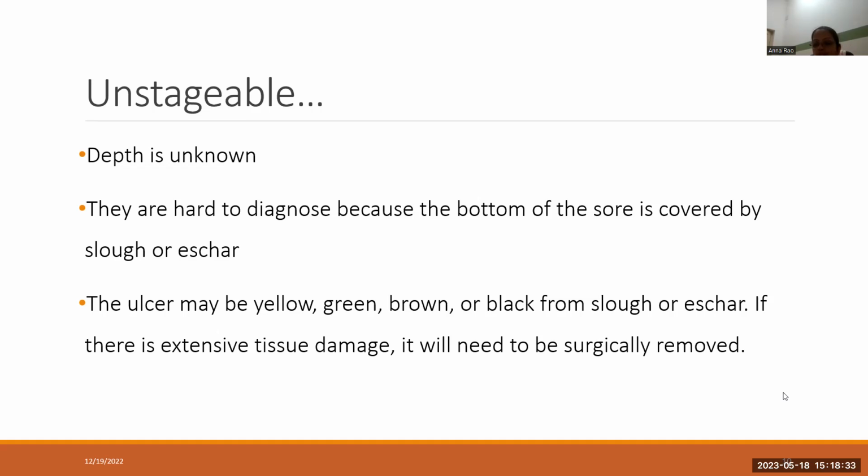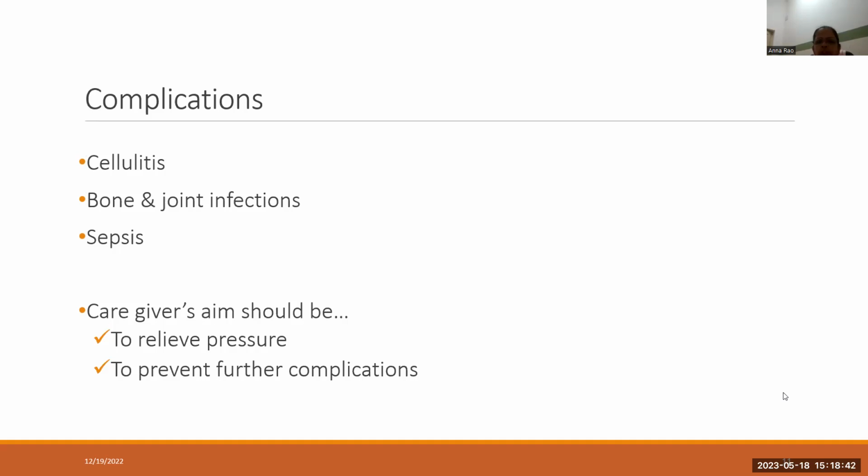But what would be the outcome, or you can say the prognosis, will depend on many other factors. What can be the complications? In the surrounding tissues, the soft tissues can get inflamed. Then bone and joint infection can also take place.